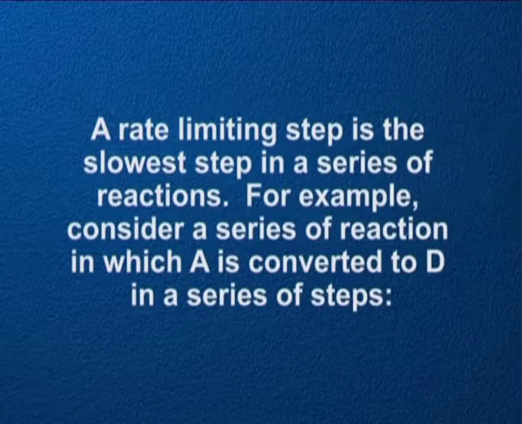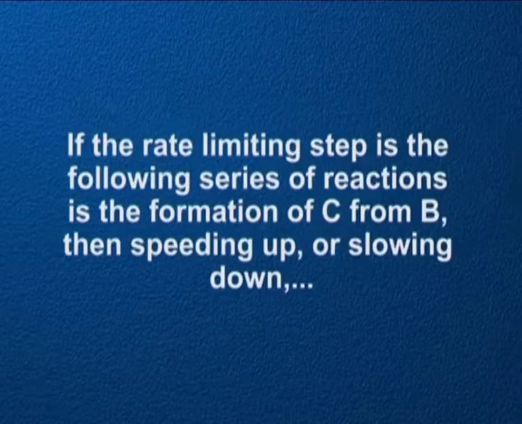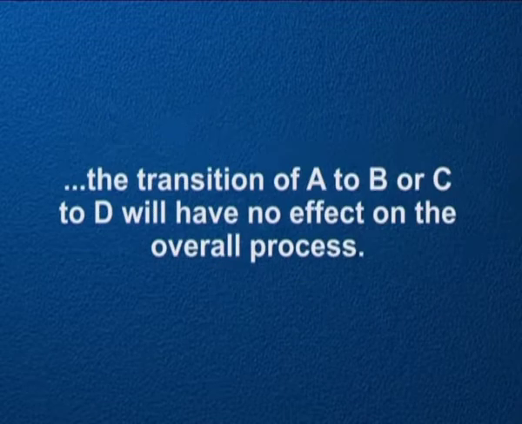For example, consider a series of reactions in which A is converted to D in a series of steps. If the rate limiting step in the series of reactions is the formation of C from B, then speeding up or slowing down the transition of A to B or C to D will have no effect on the overall process.